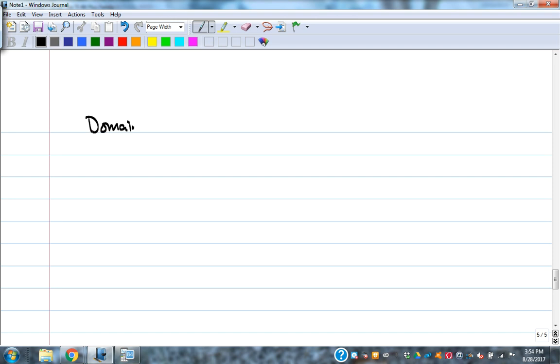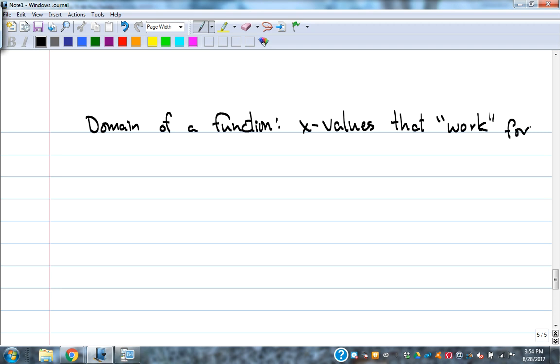Domain of a function. That's the x values that, quote unquote, work for a function.